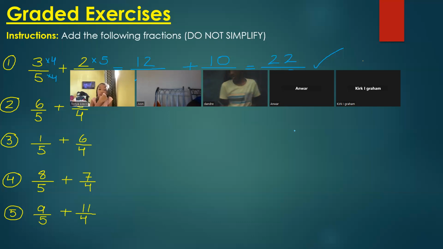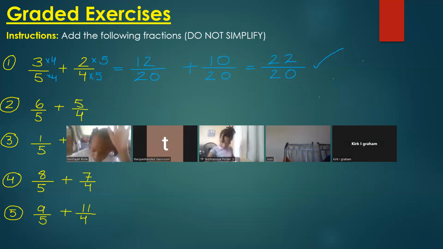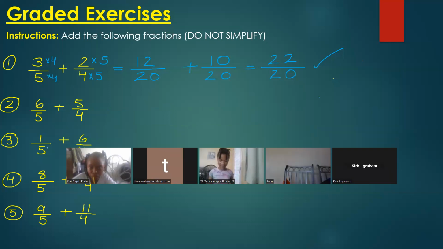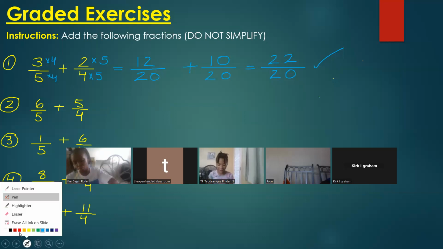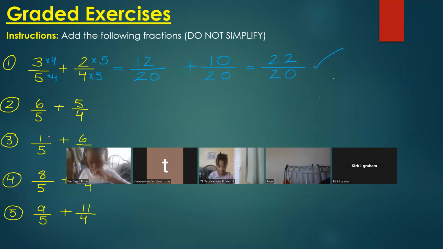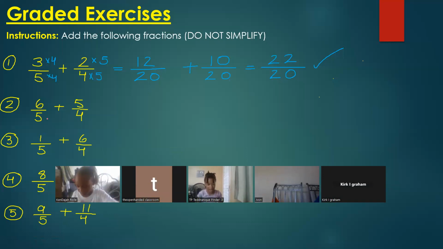Okay. So the second one is 6 over 5 and 5 over 4. So we're gonna find the LCM of 5 and 4. So can you write that down, please? So what is the LCM of 5 and 4? 20. 20, very good. So what must we multiply the 5 by? By 4, and we multiply the 4 by 5. Very good.